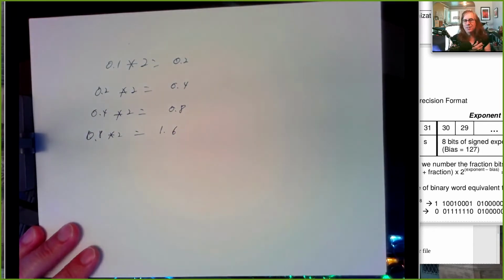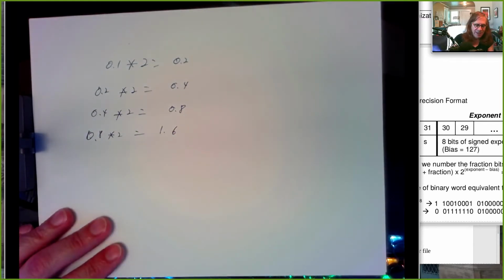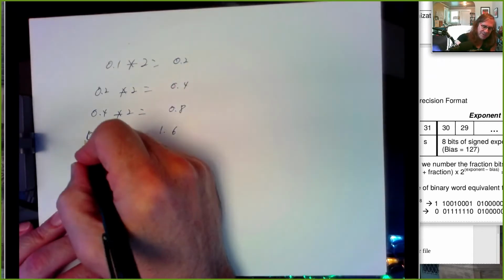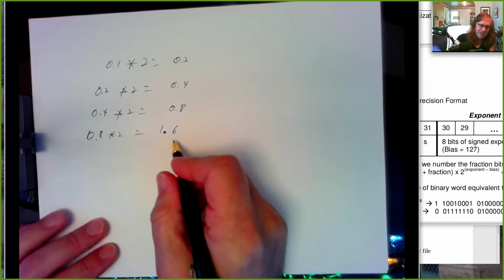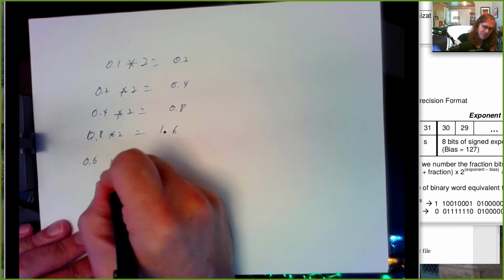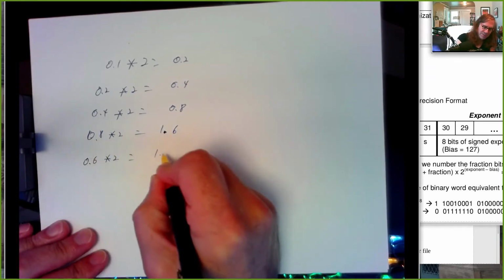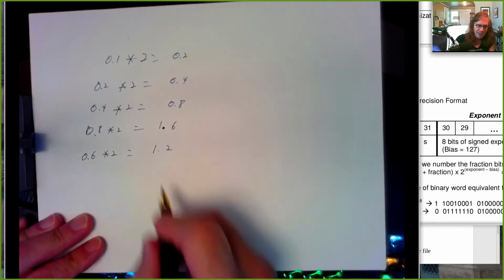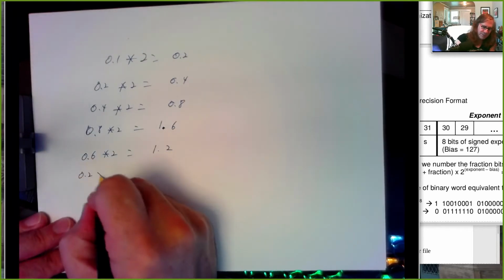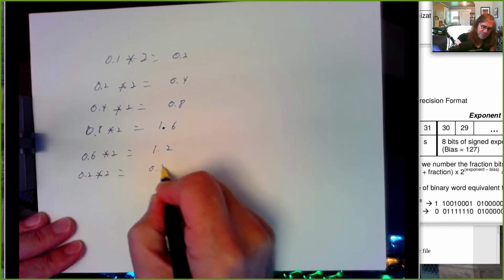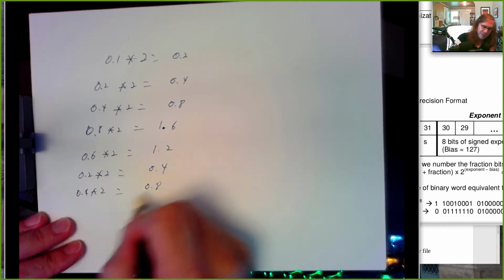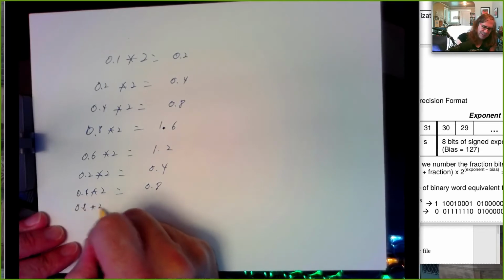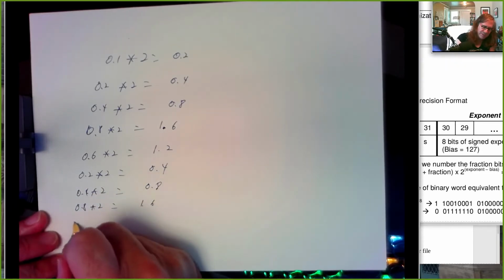So we're multiplying instead of dividing. And the thing that we carry down to the next line is just the thing to the right of the decimal point. So on our next line, we're going to say 0.6 times 2 equals 1.2. And then we're going to do 0.2 times 2 equals 0.4. 0.4 times 2 is 0.8. 0.8 times 2 is 1.6, and so on.